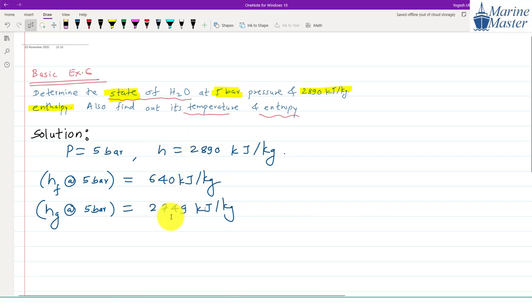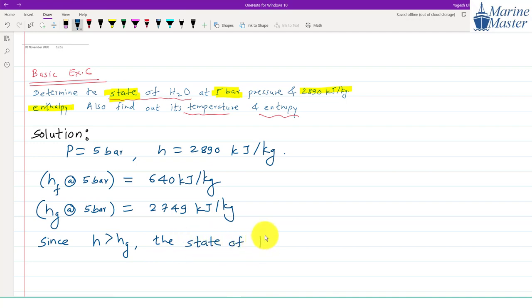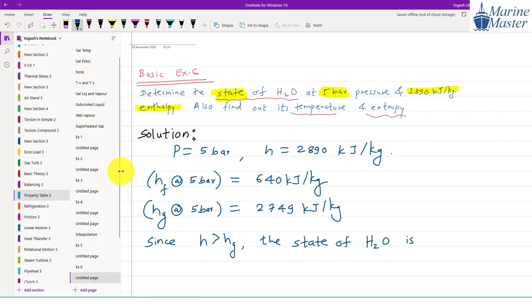Whenever enthalpy is greater than hg, what is the state? We have studied this one, guys. Since the value of h is greater than hg, the state of H2O will be superheated vapor.